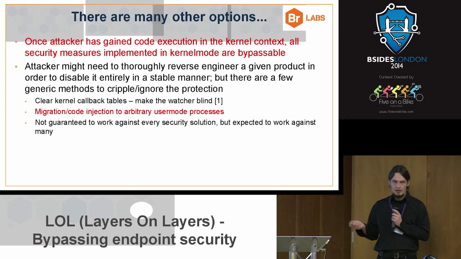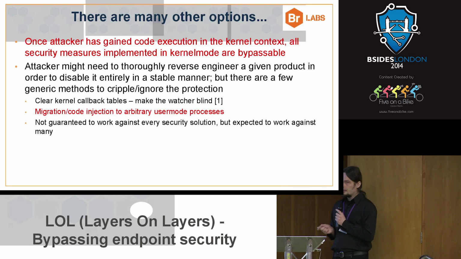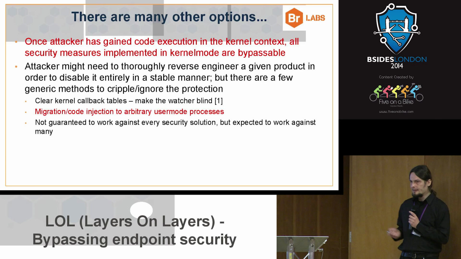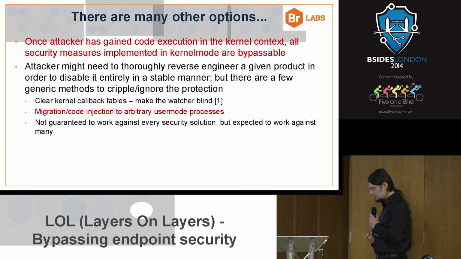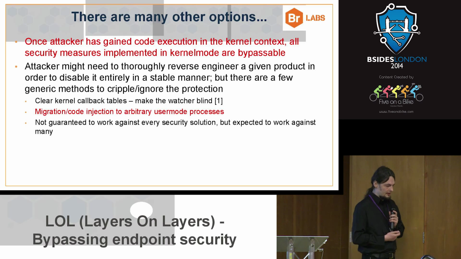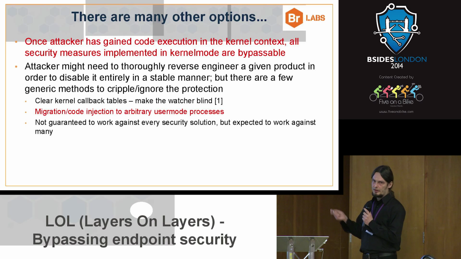Particularly, once we have the ability to run code in kernel mode, all the security measures implemented in kernel or in user mode can be bypassed. One obvious reason why it is possible is that, as I mentioned before, kernel memory is protected from malicious user mode by page tables.